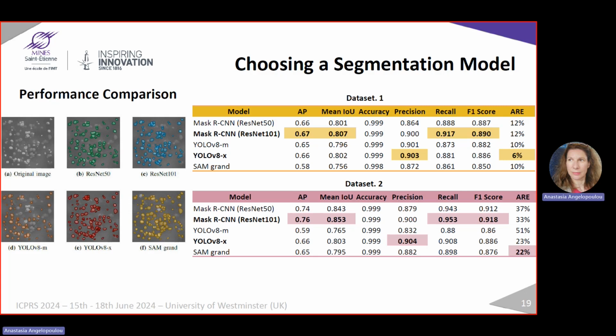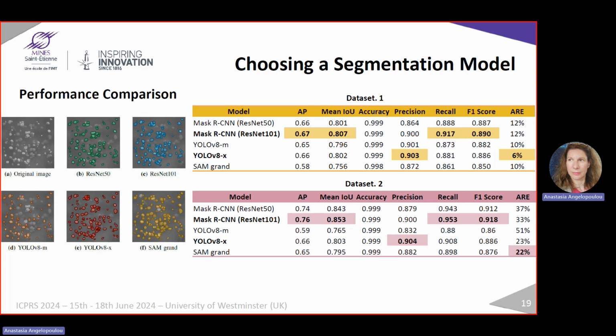And the average relative error just tells you, if you have an object on your images, have you detected 0, 1, or maybe more objects? If you have detected one object, then the error will go down. And if you have detected 0 or more than one object, the error will go higher.